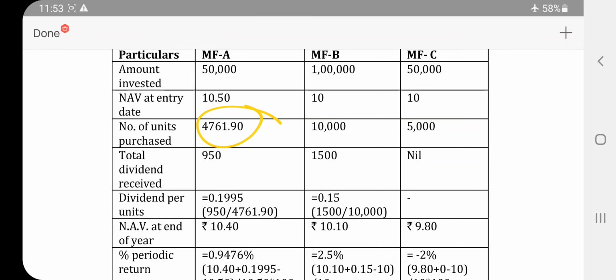If you divide the total dividend by it, you will get dividend per unit. Say for example 950 divided by 4,761.90, you will get 0.1995. Same way 1500 divided by 10,000, you will get 0.15. This is the dividend per unit. And nil dividend for mutual fund scheme C.